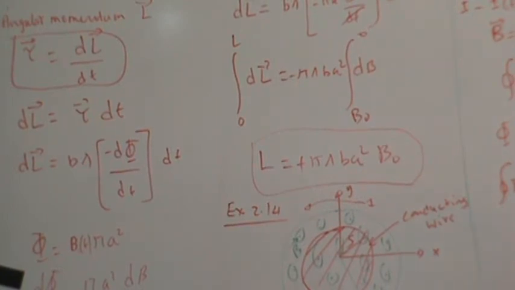So the induced electric field is going to be mu naught n s over 2 dI by dt along the phi direction. We're missing a minus sign? Yes, with the minus sign.